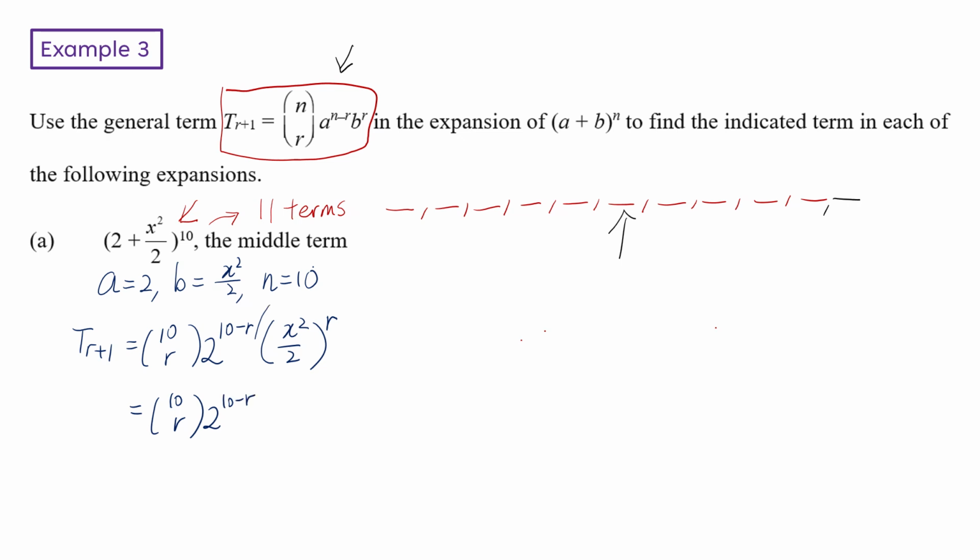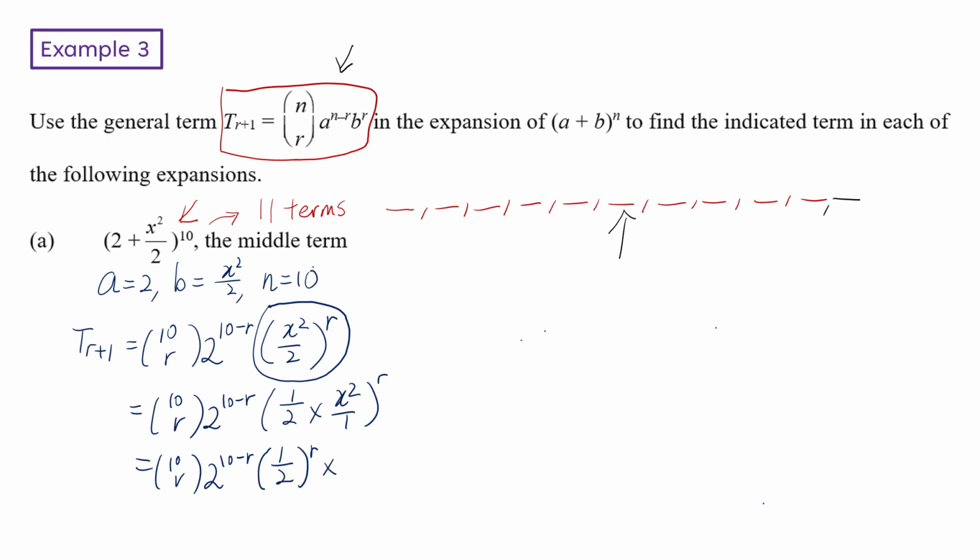We will have to pull out our x term. So x squared over 2 can be written as half times x squared over 1. And that can be further simplified to be bracket half to the power of r times bracket x to the power of 2r.